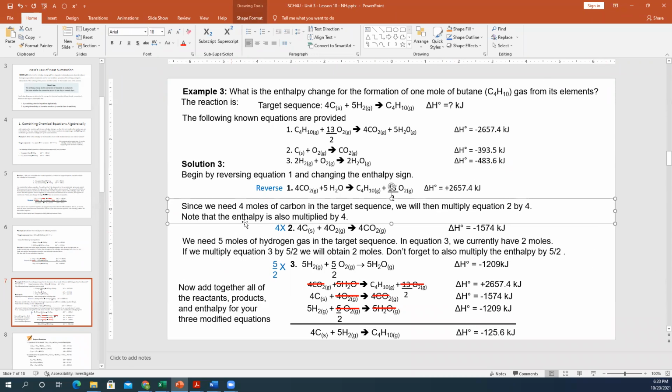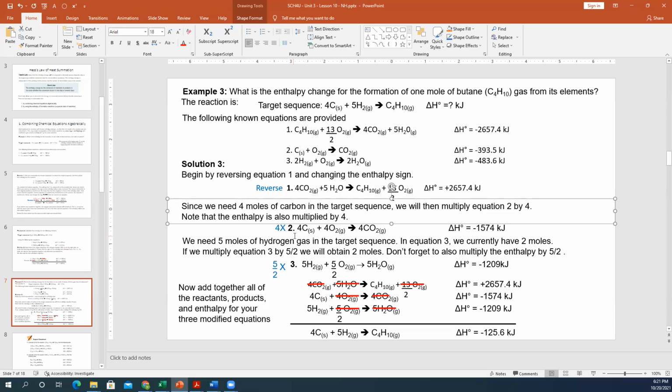Then, since we need 4 moles of carbon in the target sequence, we take our equation 2, which has carbon on the reactant side, exactly where we need it, but we see that we need 4 of them. In this equation, there's only 1. So we multiply equation 2 by 4.